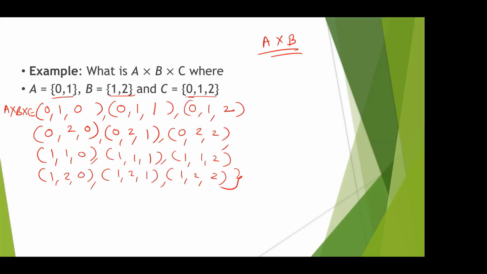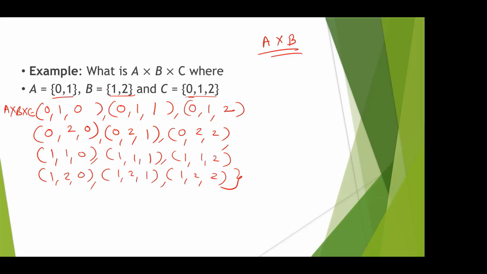So here we will have 12 values, and that will happen when you take all possible combinations of A's, B's, and C. It depends on the order you choose. Generally, I take the first element of all sets, then the first element of set A with the second element of B, and then all combinations.